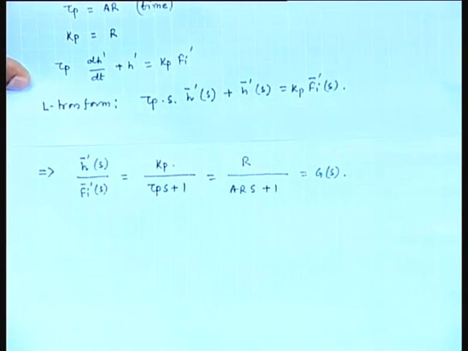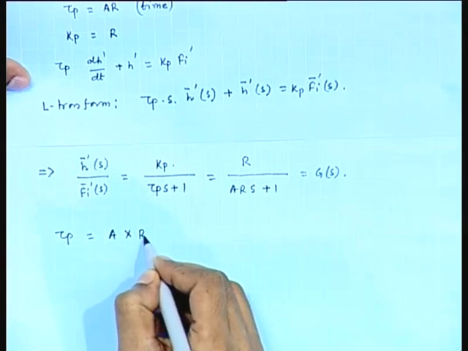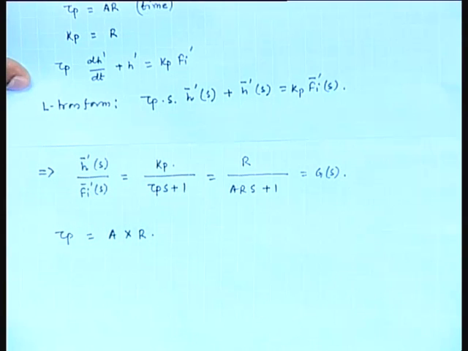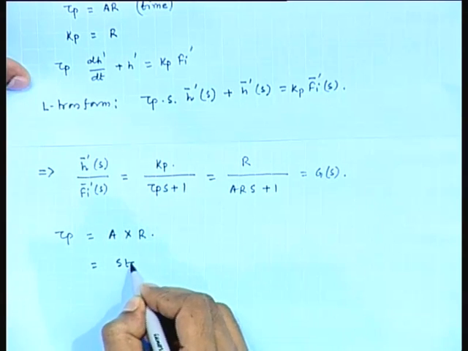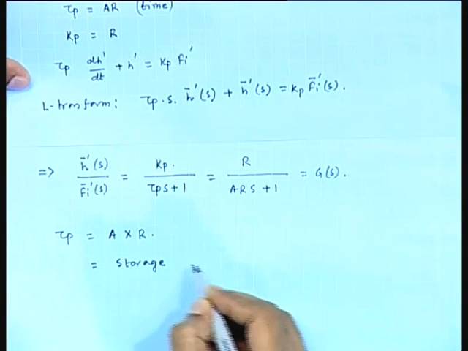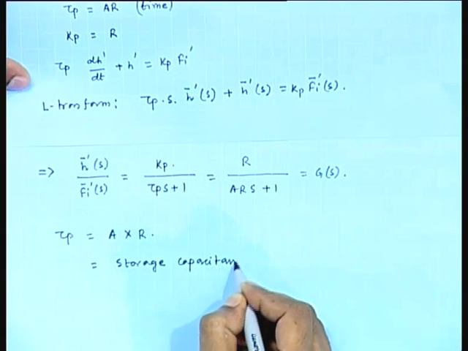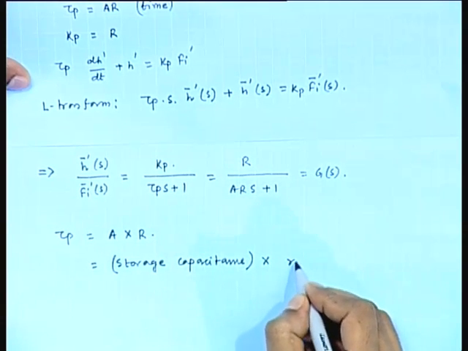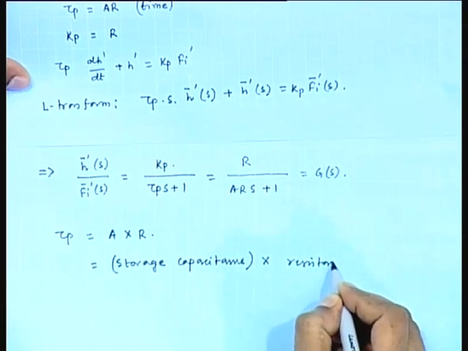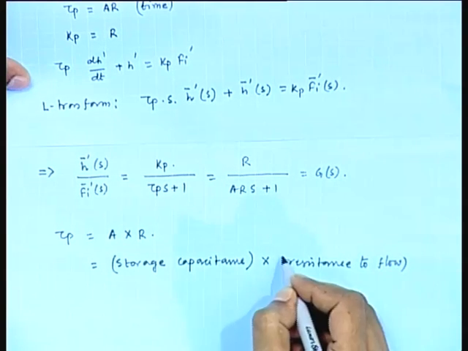Now, here you see one thing: tau p we have considered, that is time constant, equal to A multiplied by R. Now, we can write this as storage capacitance multiplied by resistance to flow.